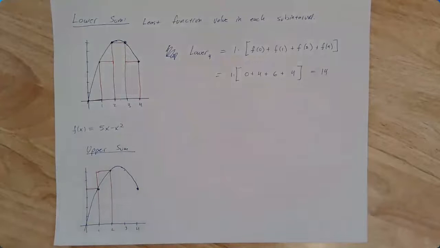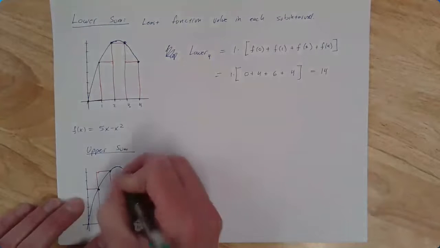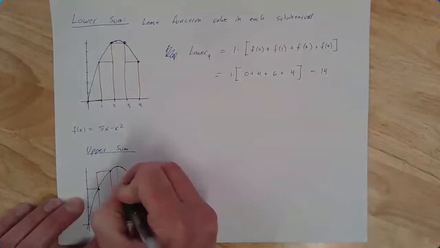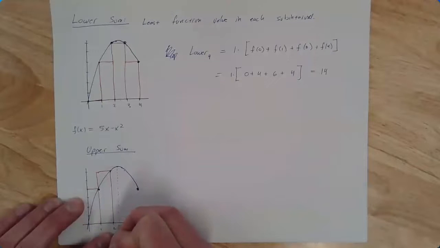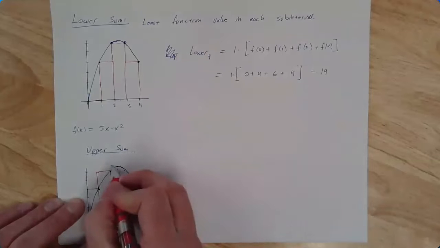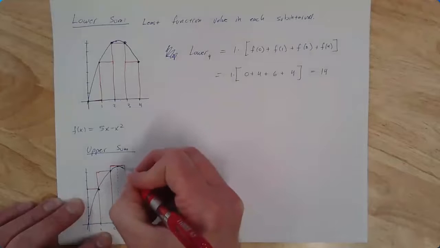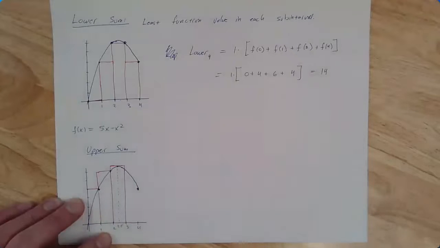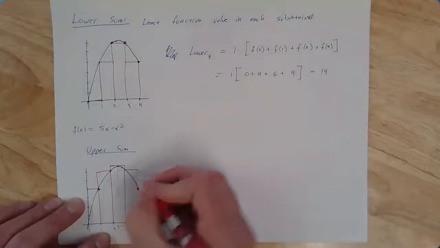You can do minus b over 2a if you want to figure that out. At 5 halves or 2.5, that's where we're getting the maximum value of the function in that interval. So we're going to get this rectangle looking like that. And then finally, in the fourth subinterval, we're going to use the left endpoint to get the height to be the highest.